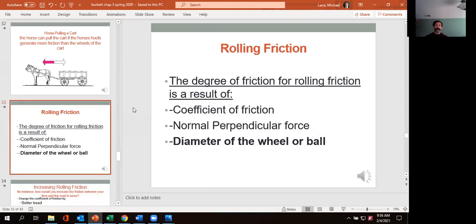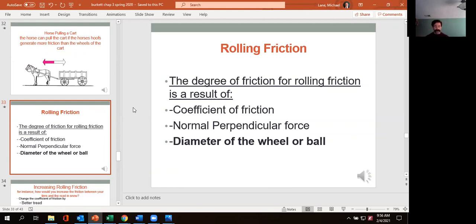Now, rolling friction is effectively the coefficient of friction between the object and the surface it's rolling along. So this is not just related to the coefficient of friction and the normal perpendicular force, but also the diameter of the round object that's rolling along it.